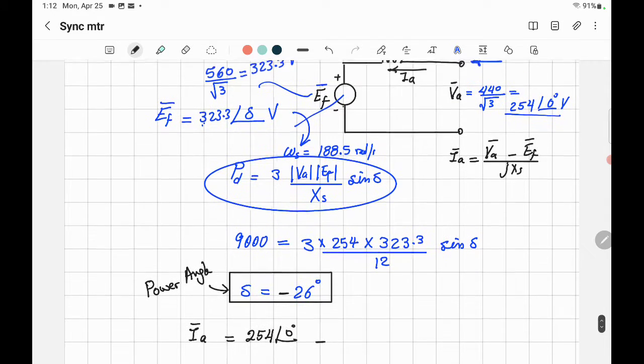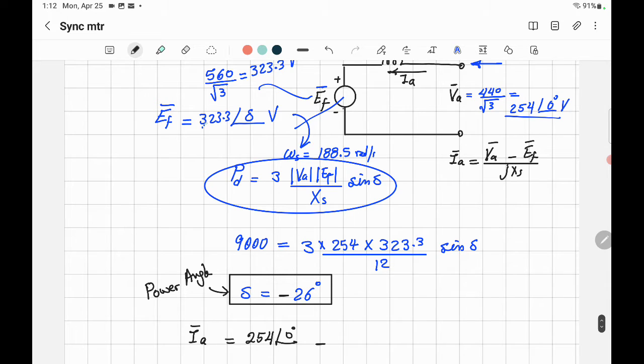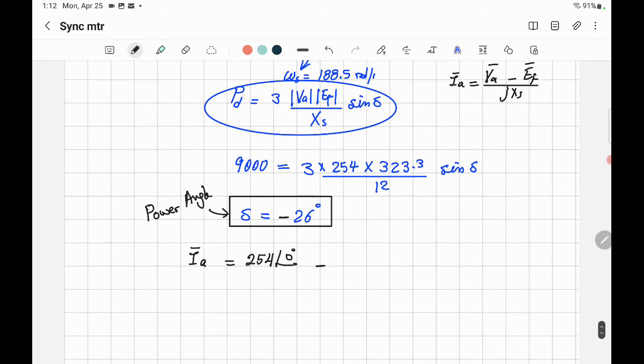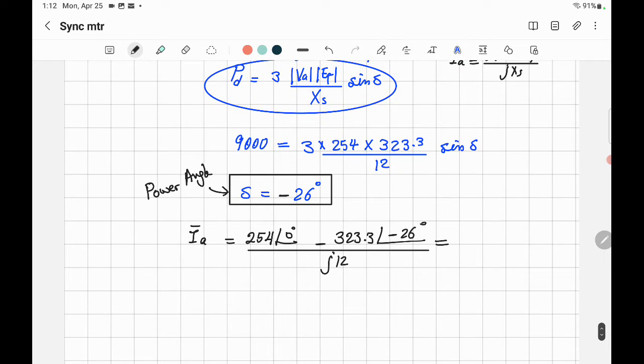We just got EF here, 323.3, and we got its angle delta. Don't forget it's negative 26, and we divide by the reactance, which is equal to j12. It will give you the armature current magnitude and angle that will be equal to 12.2 amps, and the angle is equal to 14.48 degrees. So we can say that the magnitude of the armature current is equal to 12.2 amps.